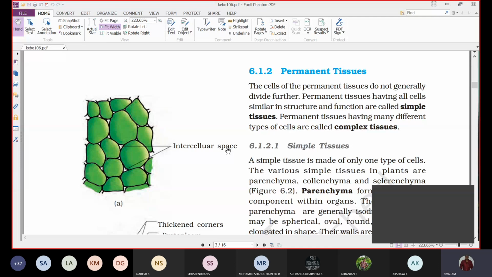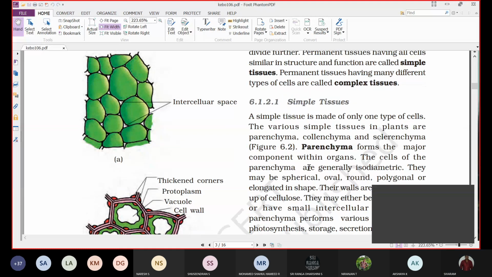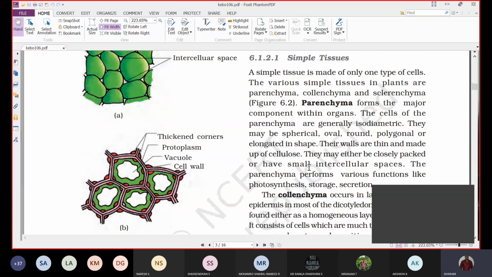Complex permanent tissue. And next, when it comes to simple tissues, already we said very clearly, simple tissues are a group of cells which consist of only one type of cells with a common structure and function. So a simple tissue is made up of only one type of cells.